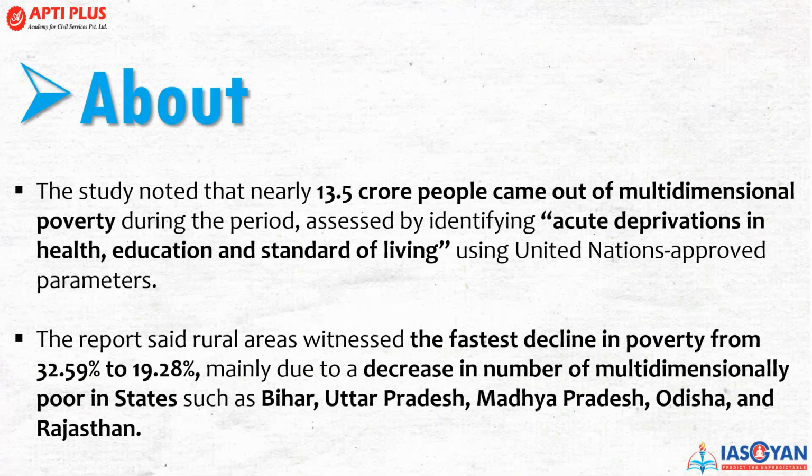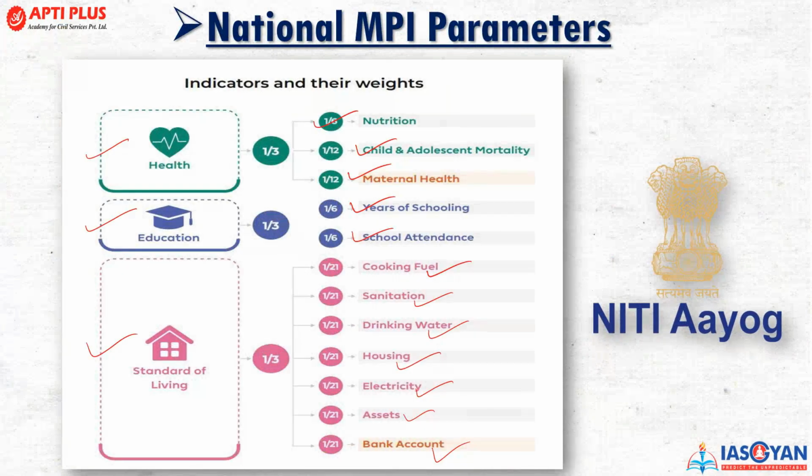Now, about the index that was released, some basic things you need to know, some data that is directly relevant from the examination point of view. The study found that 13.5 crore people came out of multidimensional poverty during this period, measured by acute deprivations in health, education, and standard of living, the broad categories I have shown you here, right?